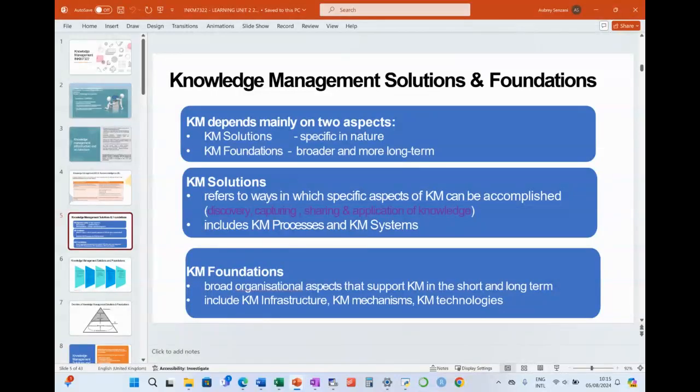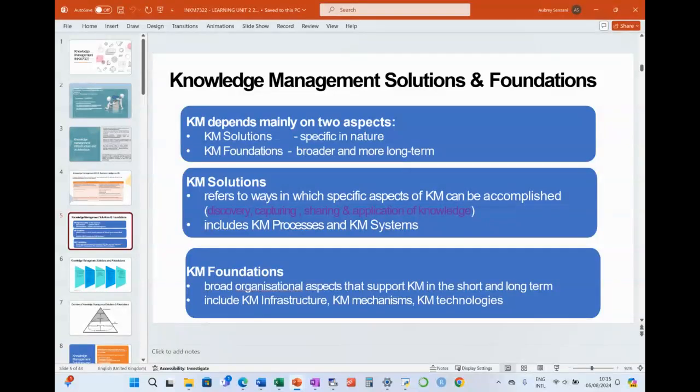And you'll see why they say knowledge foundations is broader and more long-term. Okay? And then obviously your solutions, as you'll see on the image as well, involve your processes and systems. So the processes and systems to basically solve for the solutions, all right? Or provide us with solutions to things like the discovery and so forth.